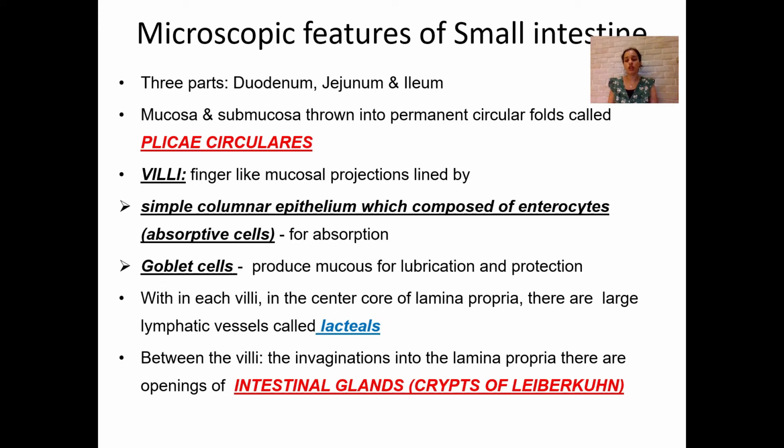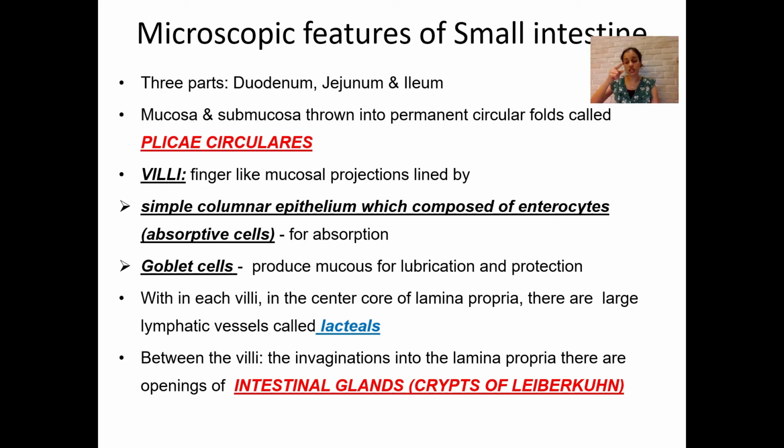But in the small intestine these folds are permanent because they increase the surface area, since most of the absorption of nutrients takes place in the intestine. These folds mainly increase the surface area for absorption. They are due to the folding of the mucosa and submucosa.